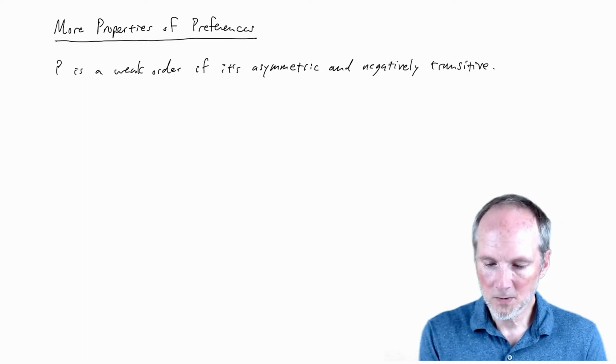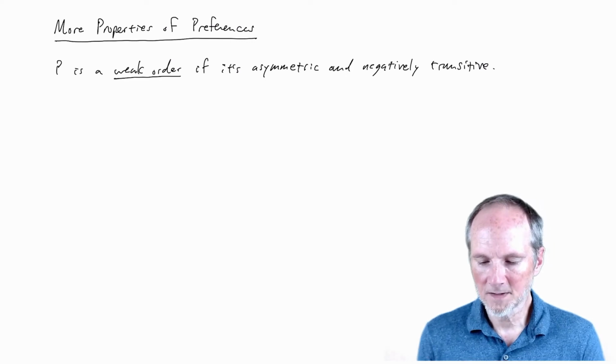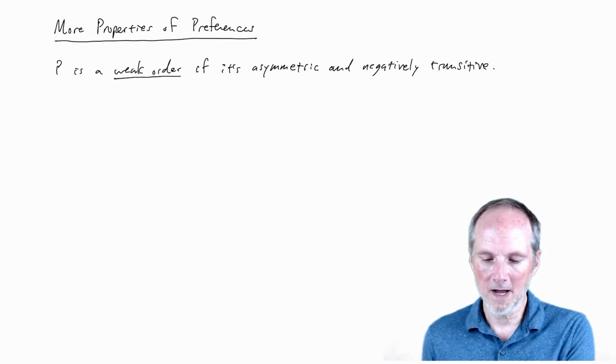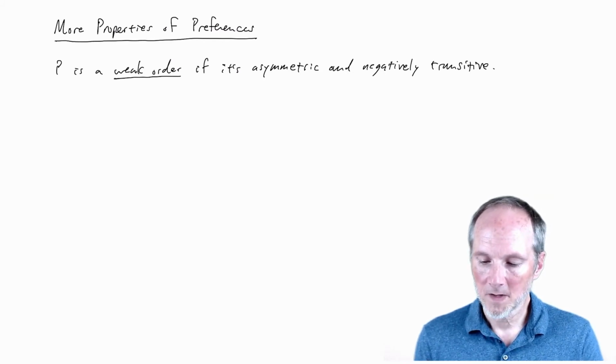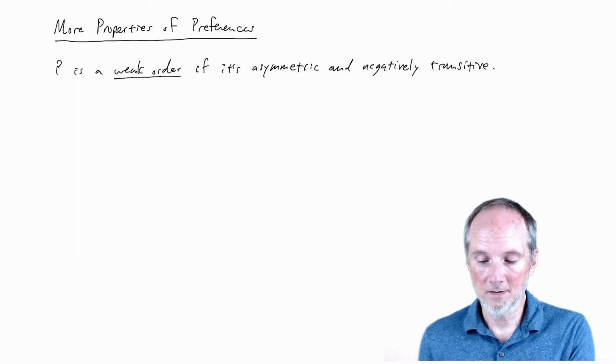Okay, those two properties are really just a formal way of isolating the preference relations that correspond to a ranking of alternatives. And we showed that those two properties together imply transitivity.